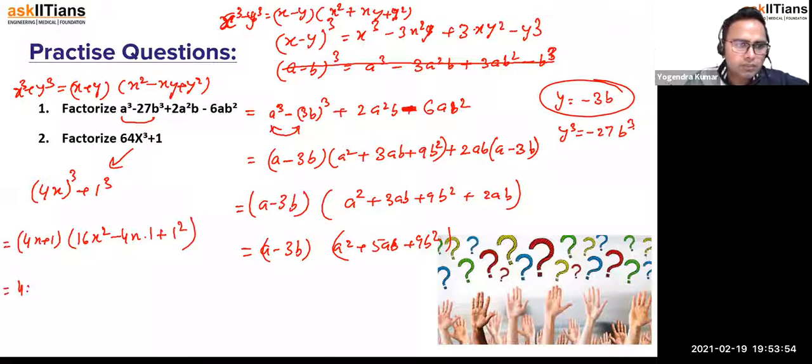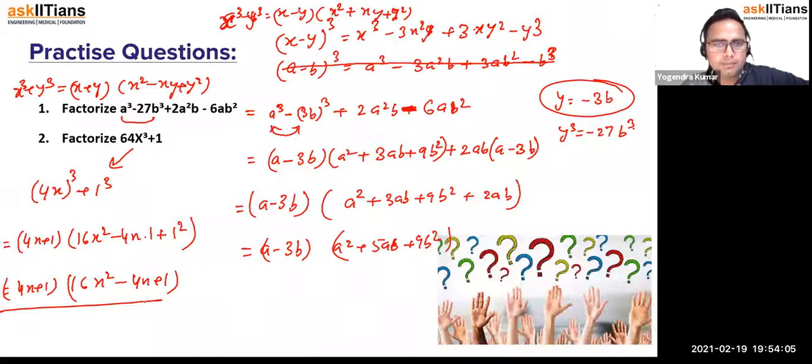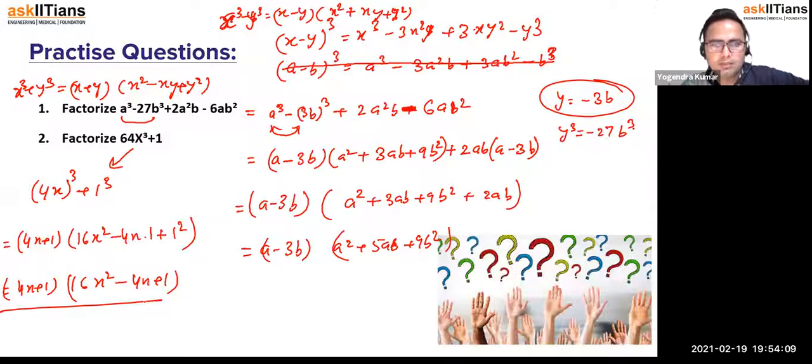So we got 4x plus 1, and here 16x square minus 4x plus 1. This is what we got as the answer, right? You can verify the answers right here and understand it step by step. I hope every step is clear to you.